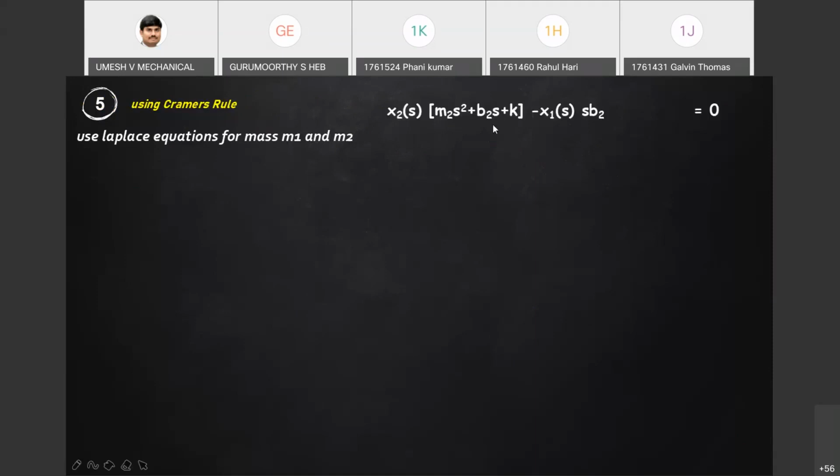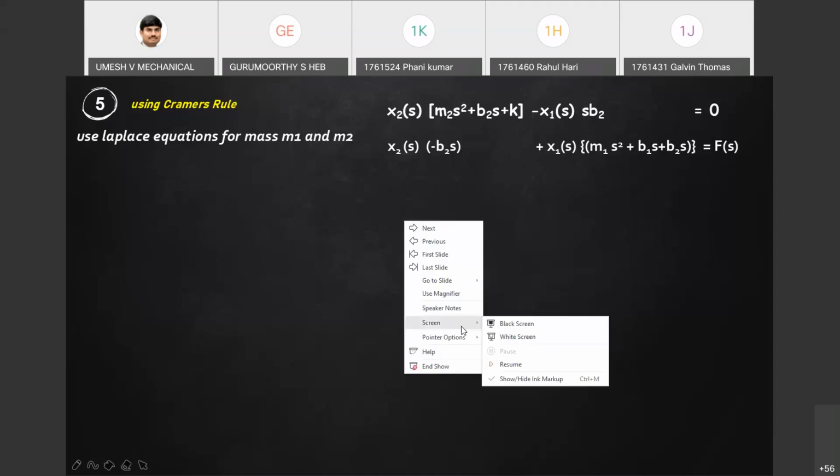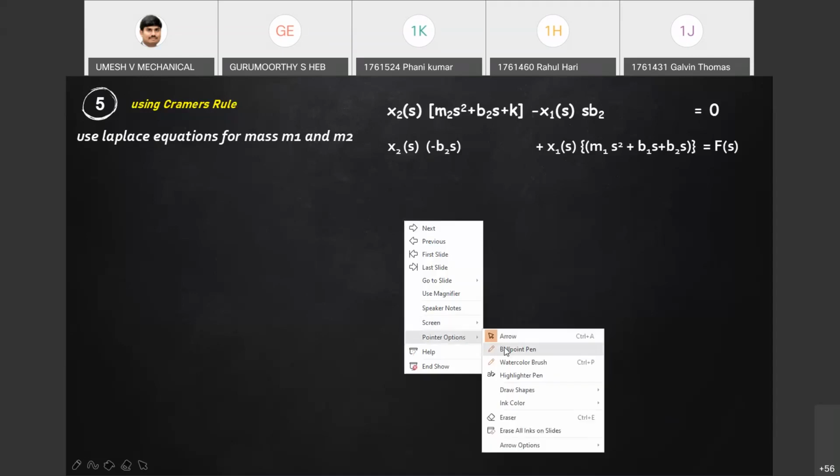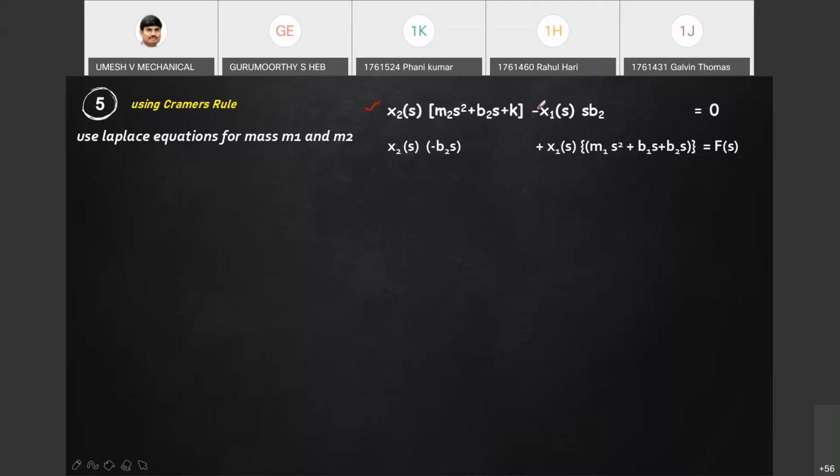The first one, f2 of that, x1 of s. This form, both. This is the coefficient of x here.